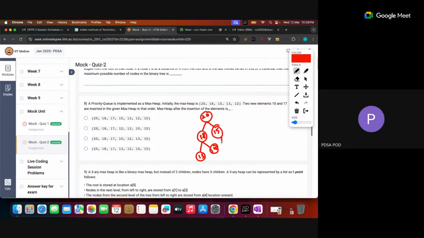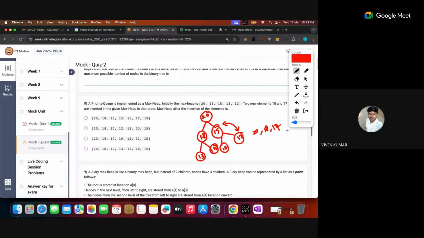Now the first element we insert is 10. Where do you insert it? When you insert 10, we don't need any heapify. Am I right? Because 10 is below 15, no? Is it clear? But whenever you insert 17, heapify is done. So we'll have 20, 18, 17.